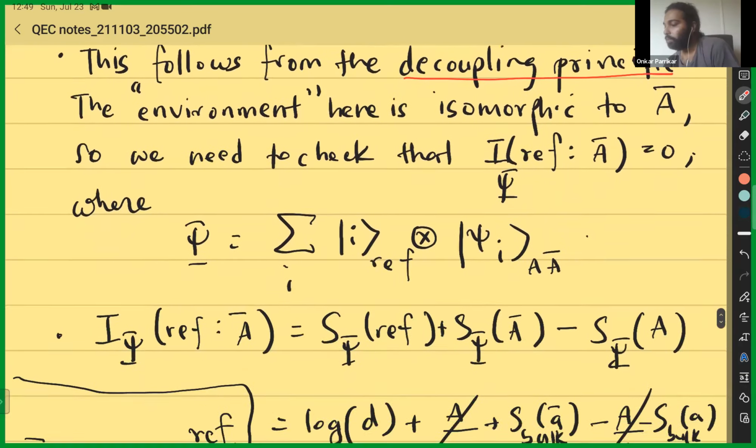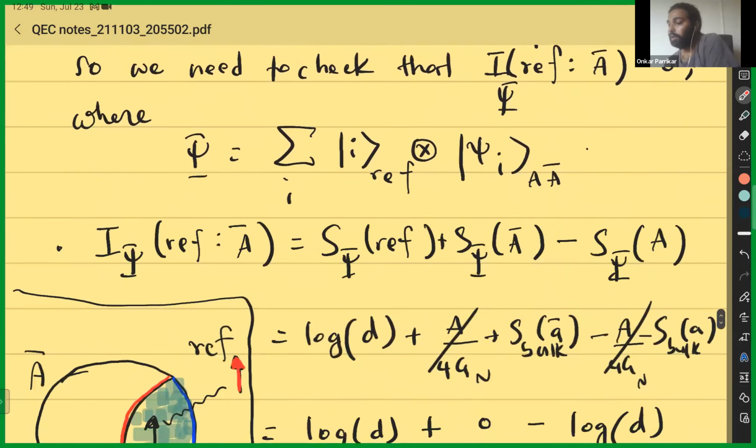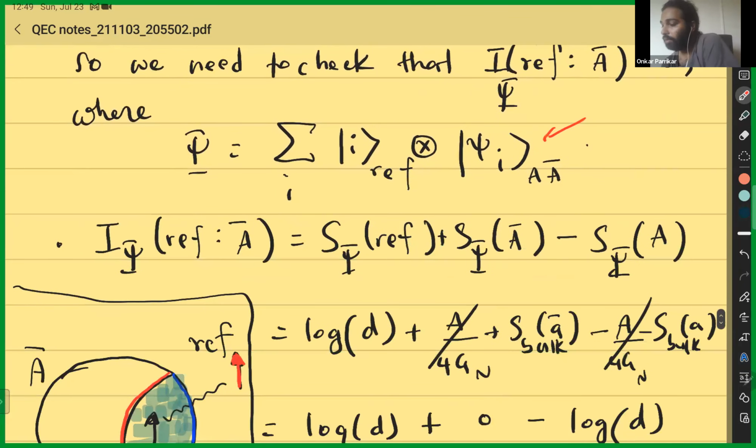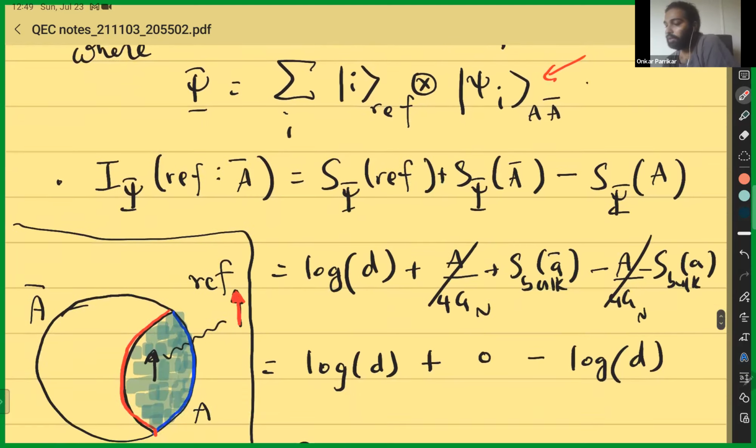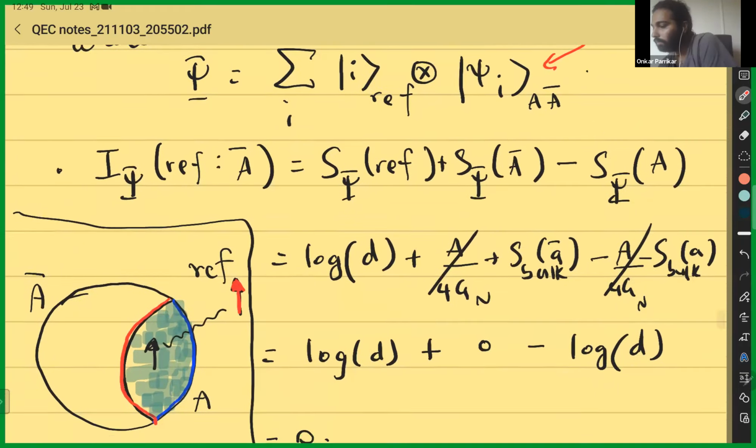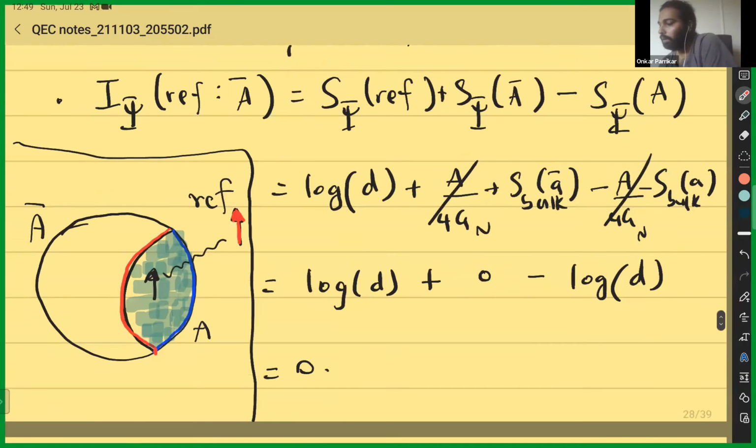Okay, so that's what I want to compute then. I want to write down this maximally entangled state on the code subspace. So here it is. And I just want to compute in this state the mutual information between reference and A bar. This is a simple computation.